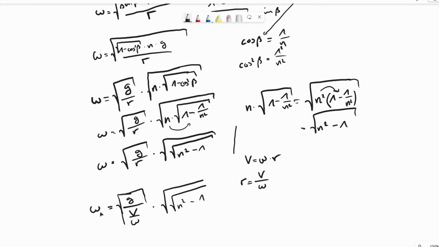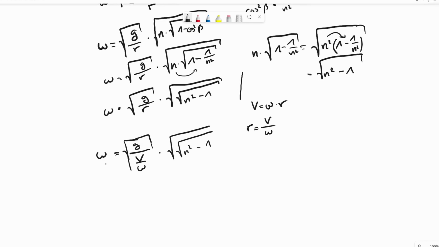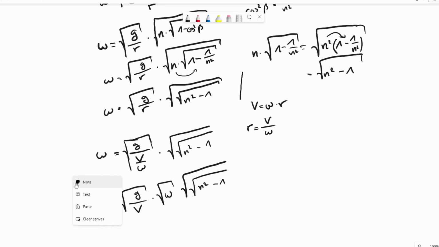So we have already values that we can manipulate, so I write it a bit separately. So we have omega equals g over v times square root of omega times square root n squared minus 1. Now obviously we need to bring this to the left side, because it cannot have the same variables on opposite sides.